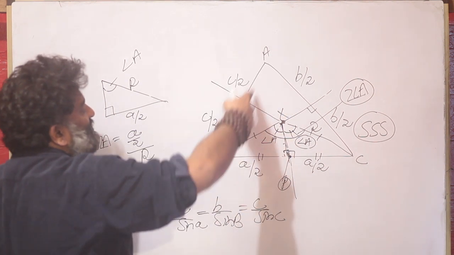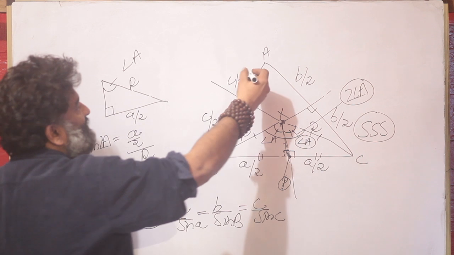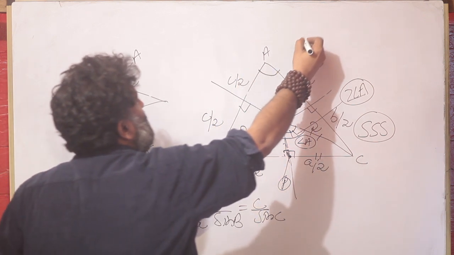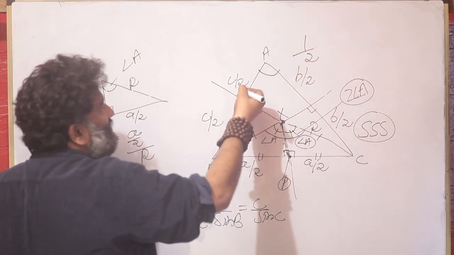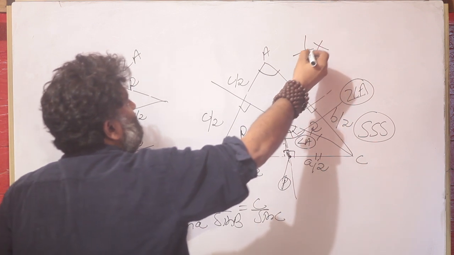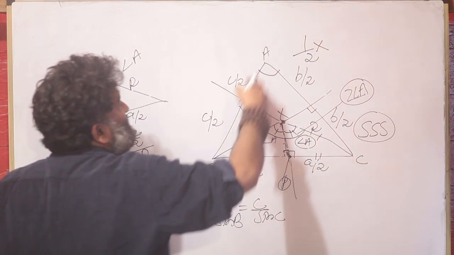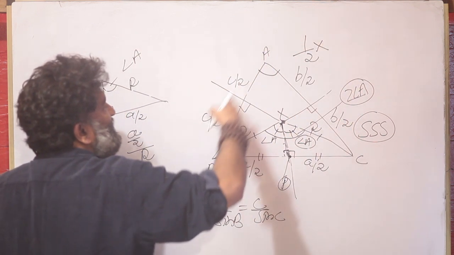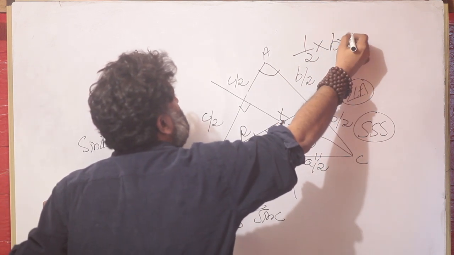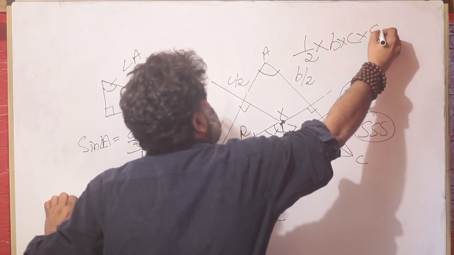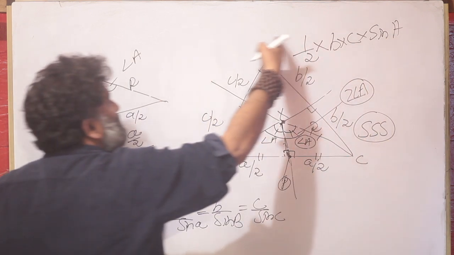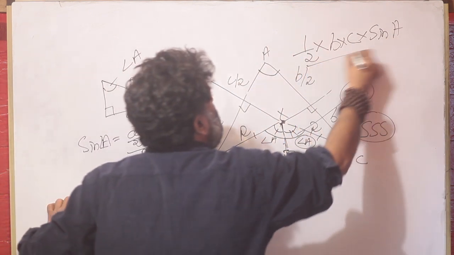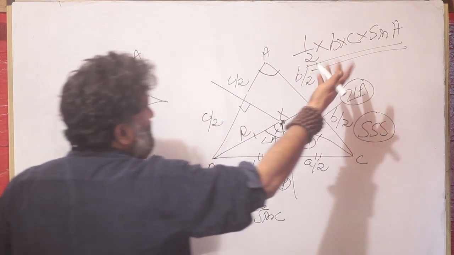And now if I think of the area of this triangle, let me think of angle A, and I will use the formula that I just created: half the sides which make up the angle, that means B into C into sine A. That is the area of the triangle, the formula that we just looked at and derived and understood.